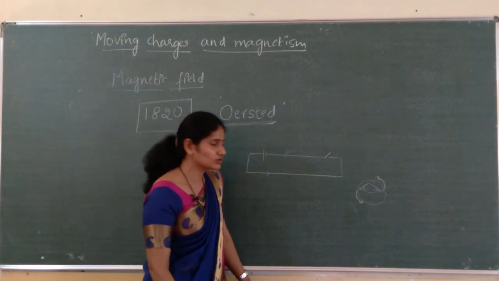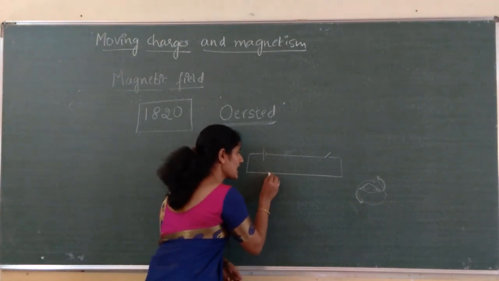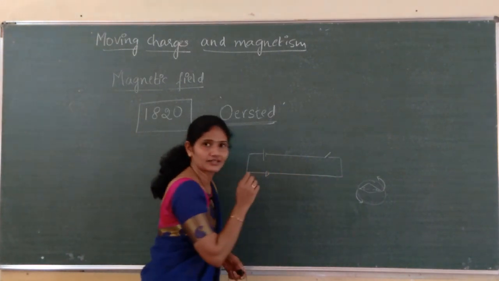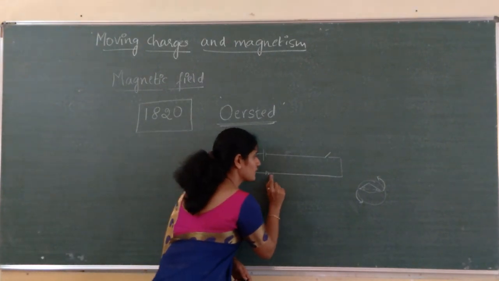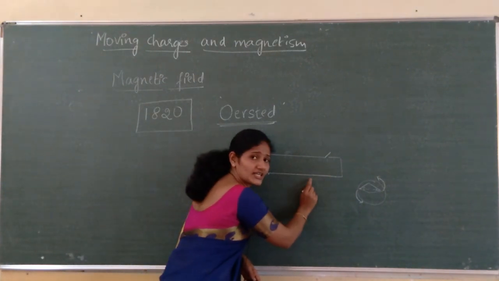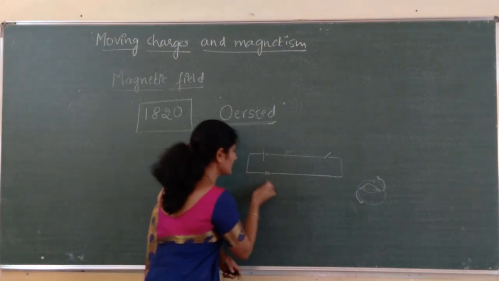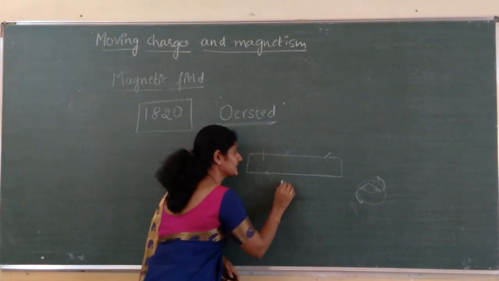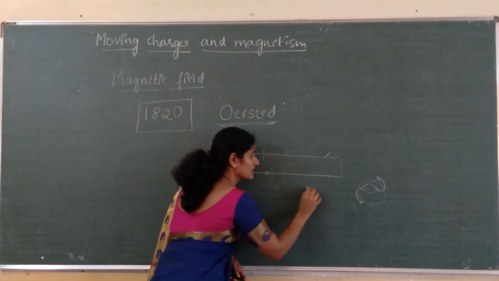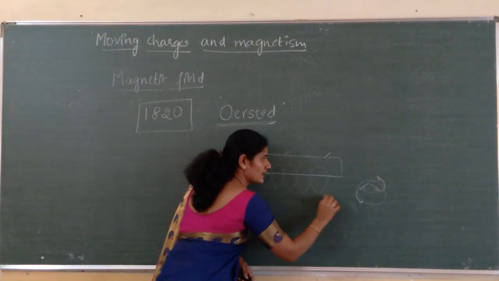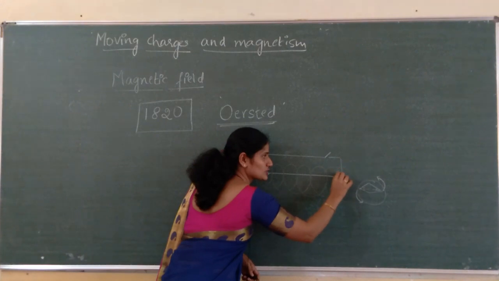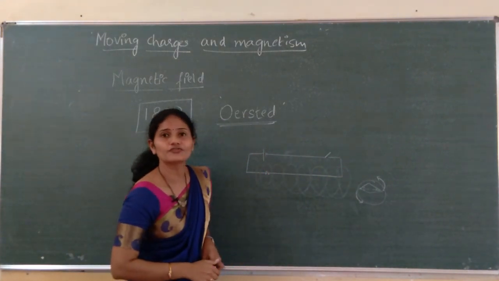And later he found that when charges flow through the conductor, the flow of charge, which is nothing but the electric current, creates an effect around the space. That effect is called the magnetic field.